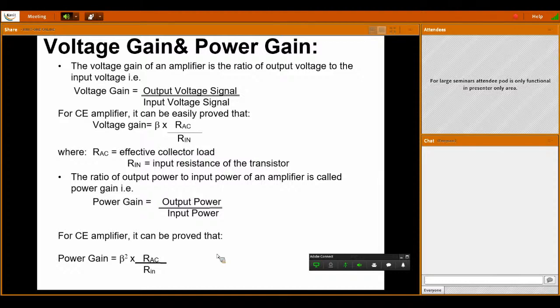Our load current in common emitter is the collector current, so it is Ic squared times RAC, divided by the input power, which is Ib squared times Rin. Ic divided by Ib, whole squared, is nothing but the DC current gain multiplied twice. So it is beta squared times RAC divided by Rin.